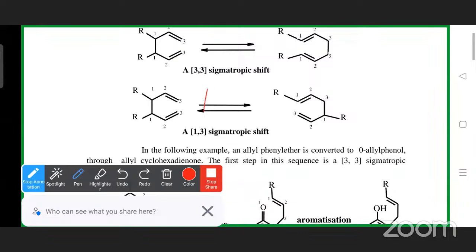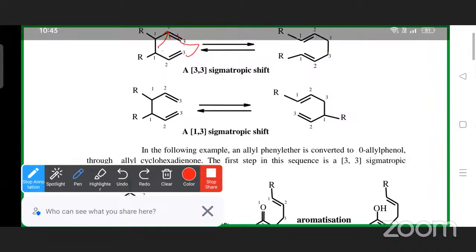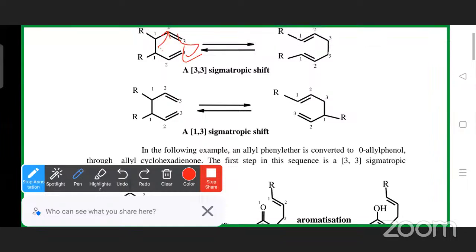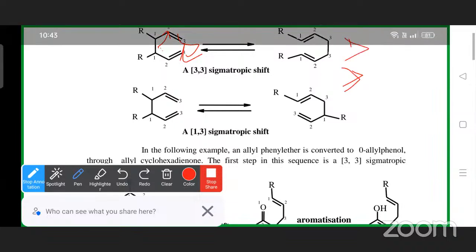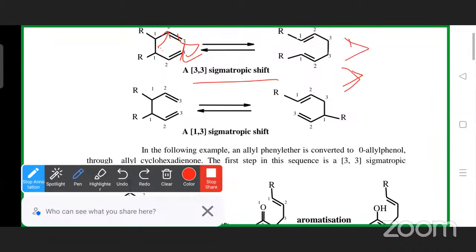In this particular example, the sigma bond is shifting through this pi electronic system and is attached here. So it is called a 3,3 sigmatropic shift.